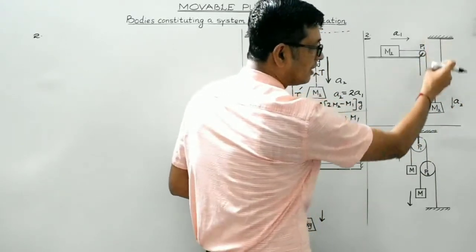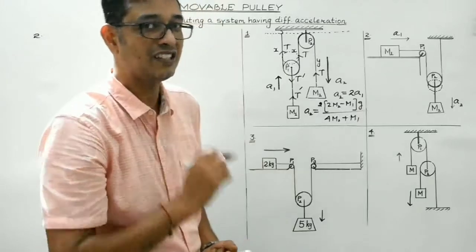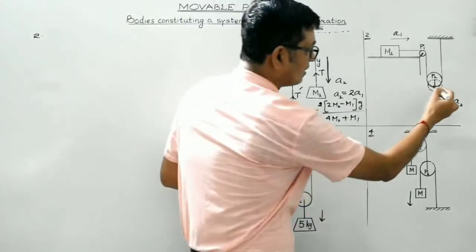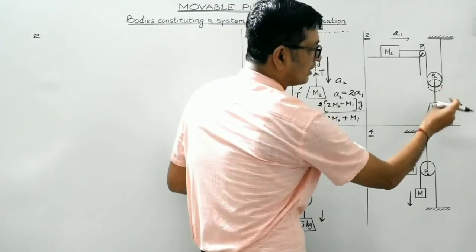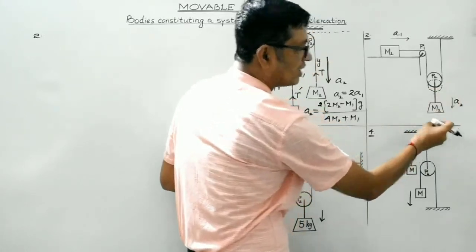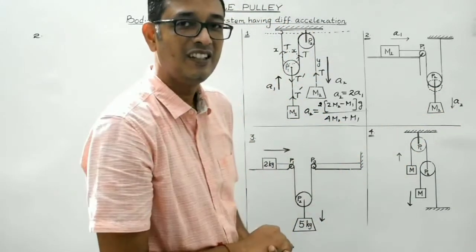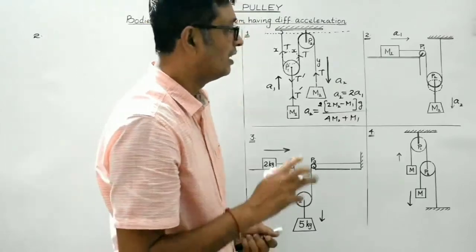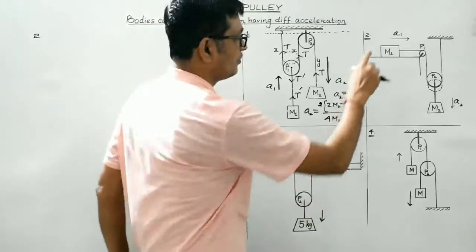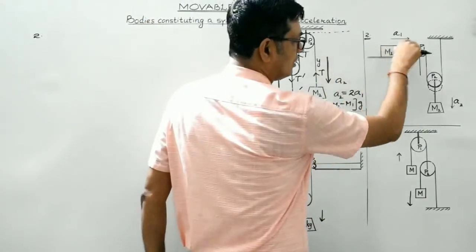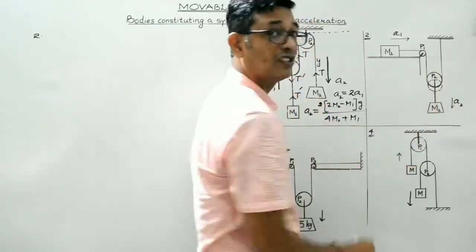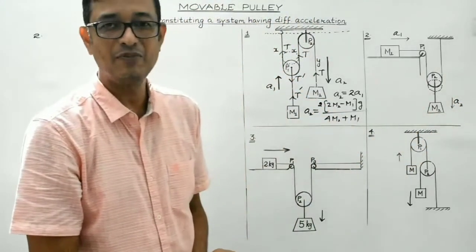This pulley must come down by only 1 meter. Since this string is fixed, this mass will also come down by only 1 meter. So in the same time, if this body covers a distance of 2 meters, this body will cover a distance of only 1 meter.